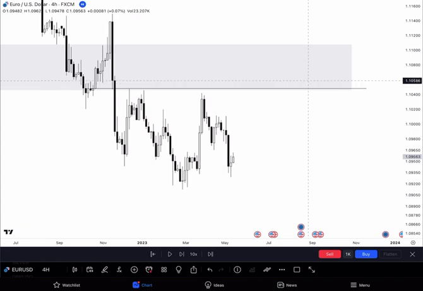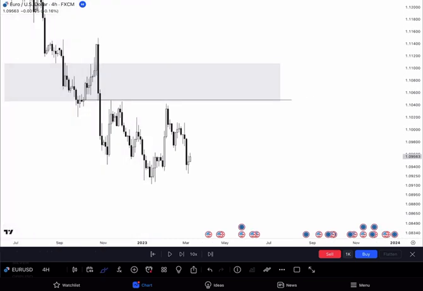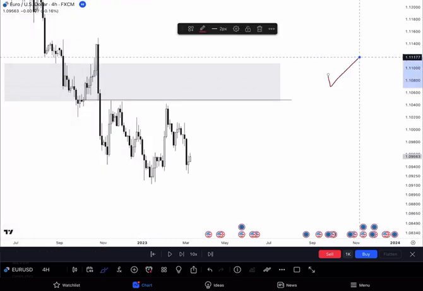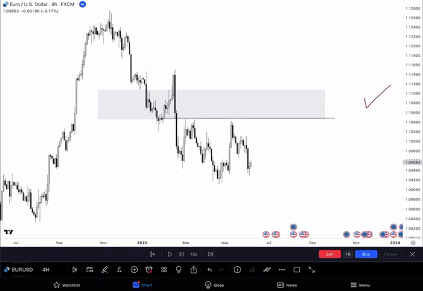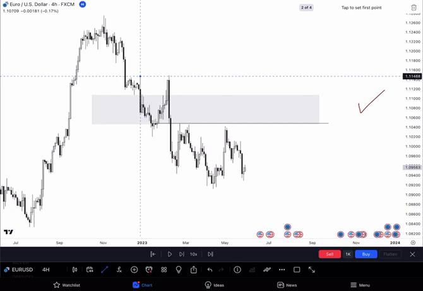So what do you see? The higher time frame trend is down, correct? Yep. We're looking for lower prices, correct? Yep. We are rejecting highs and breaking lows. Is that correct? Rejecting highs. Highs rejected.